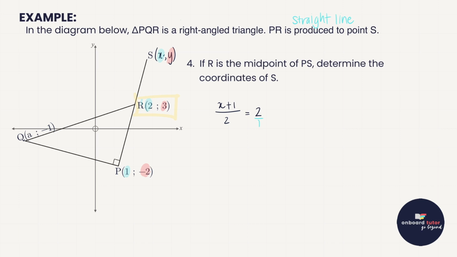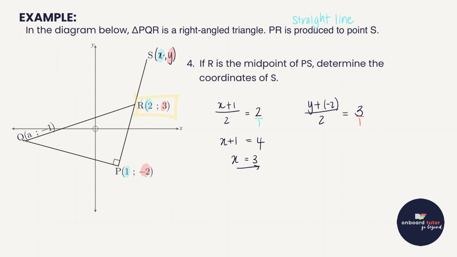Okay, and then it's just about solving the equation. So let's do that. Multiply the numerator on one side with the denominator on the other, and then vice versa. And then we end up with x is equal to 3. Okay, and then finally for y, we'll say a very similar approach. y plus minus 2 over 2 must give us a coordinate of 3. Okay, I'm going to again pop that over 1, and then I'm going to do my cross multiplying thing.